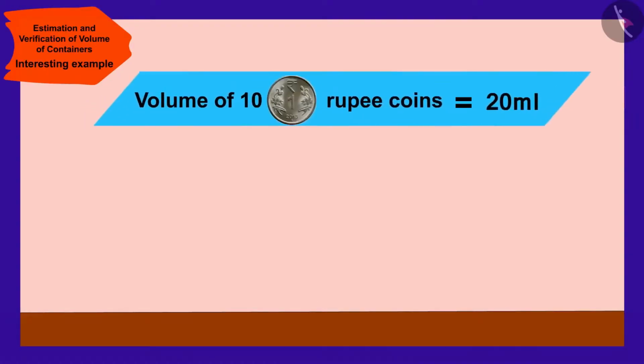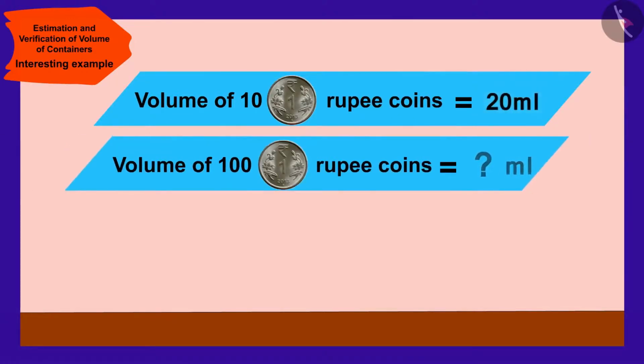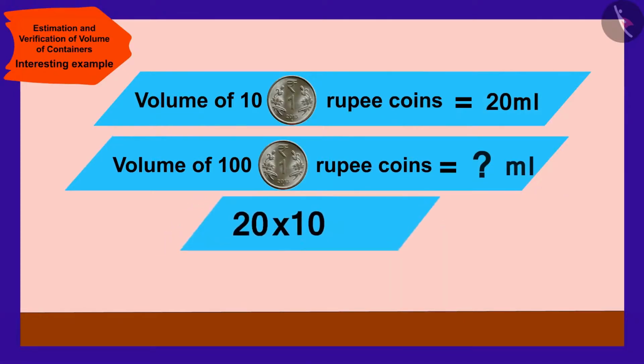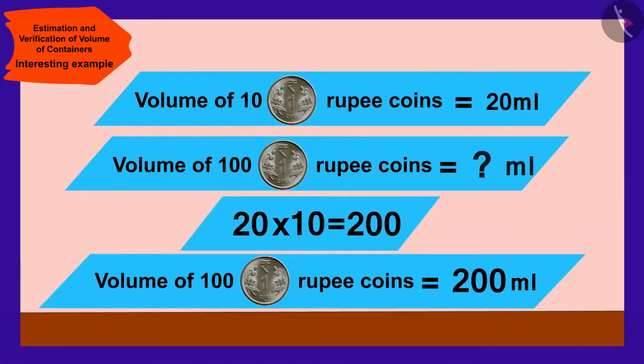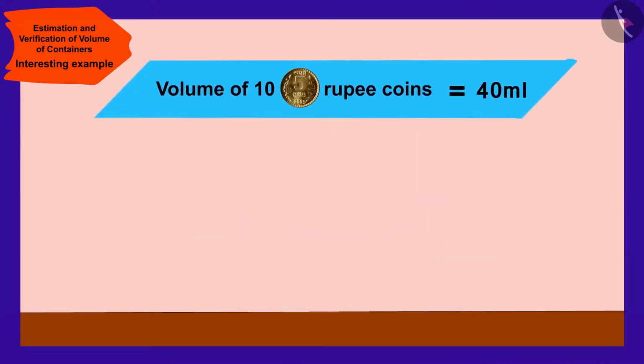The volume of 10 1 rupee coins is 20 milliliters. Therefore, the volume of 100 1 rupee coins will be 20 times 10 or 200 milliliters. And the volume of 10 5 rupee coins is 40 milliliters.